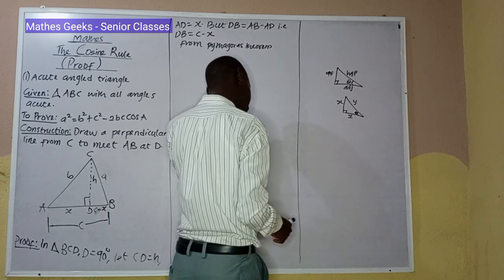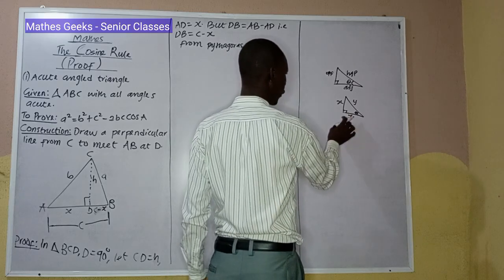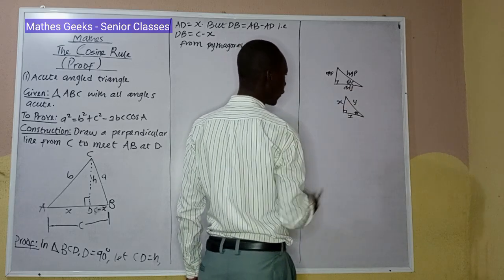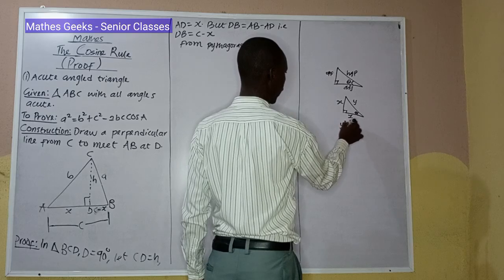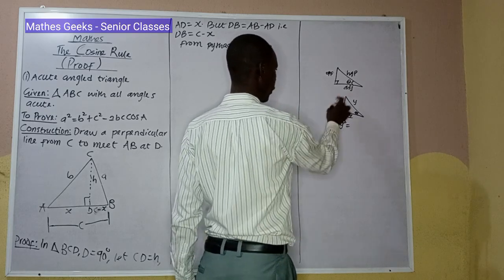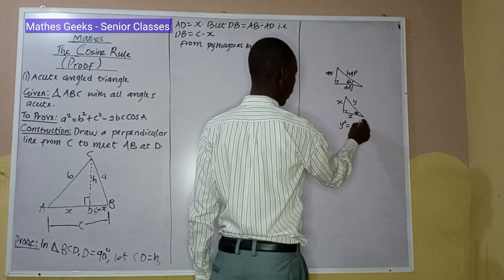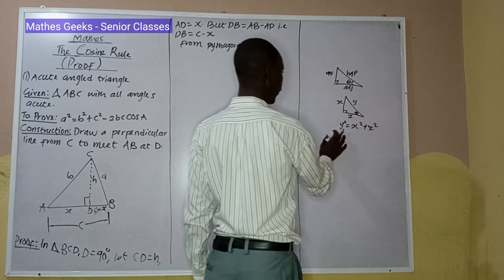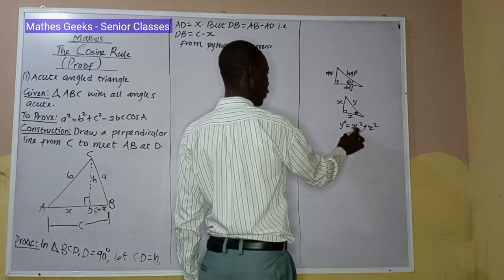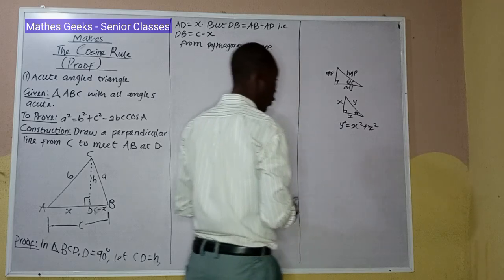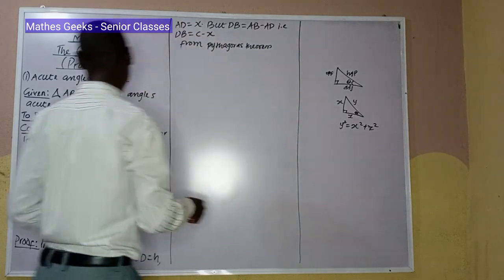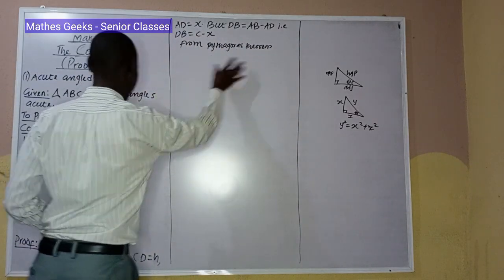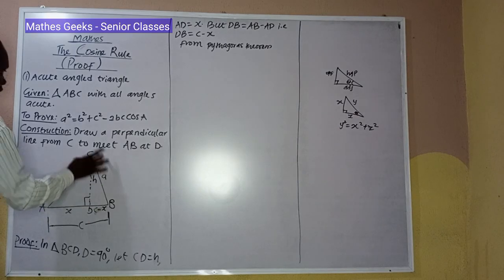So Pythagoras theorem states that the square of the longest side, y squared, is equal to the sum of the squares of the other two sides of the right angle triangle, x squared plus z squared. So the square of the hypotenuse is equal to the sum of the squares of the other two sides. From Pythagoras theorem, remember we are considering triangle BCD.